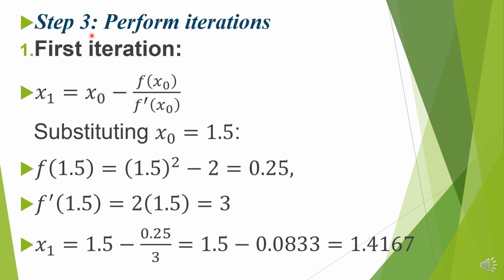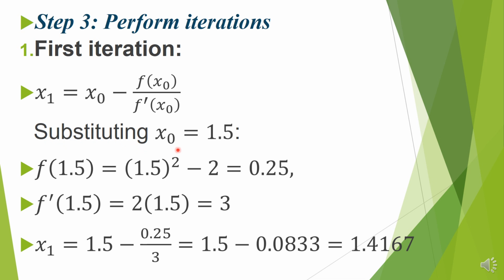Step 3. Perform iterations. First iteration: x1 equal to x naught minus f of x naught divided by f dash x naught. You must remember this formula of the Newton-Raphson method.